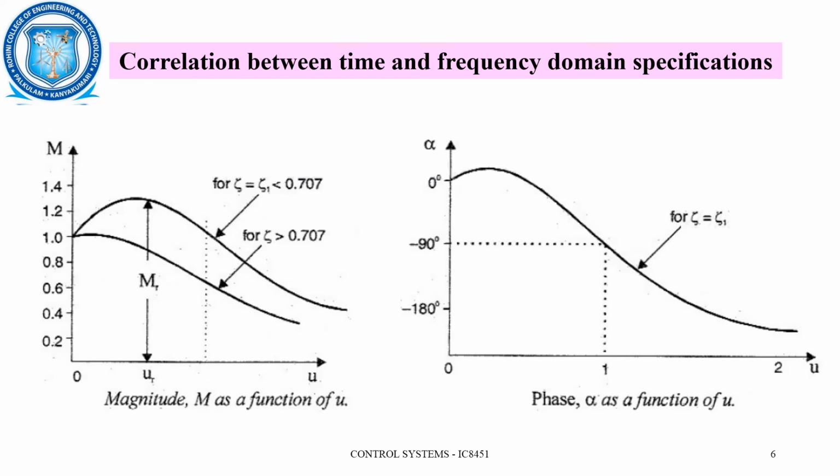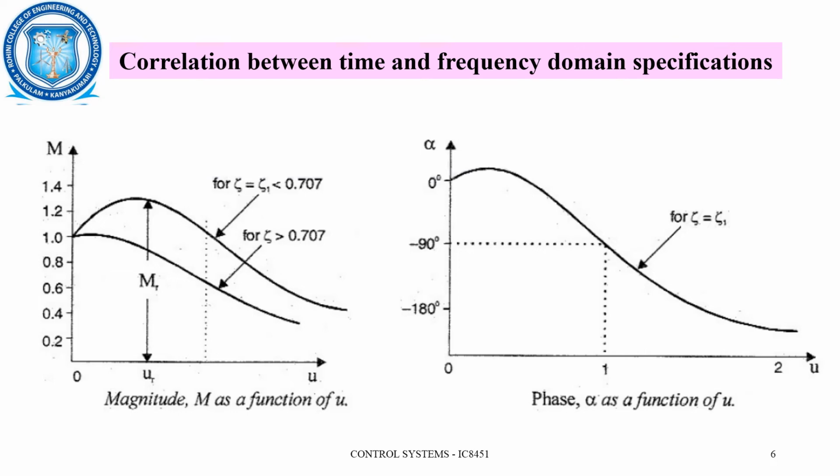Since bandwidth is a measure of transient response, let us consider omega b equal to omega c, and at that condition the normalized frequency ub becomes omega b divided by omega n.